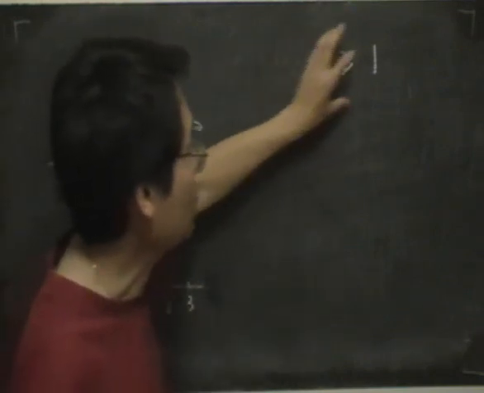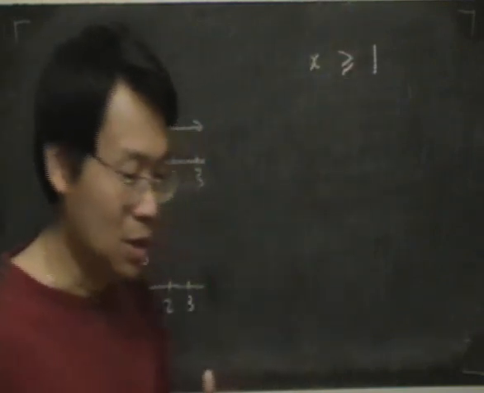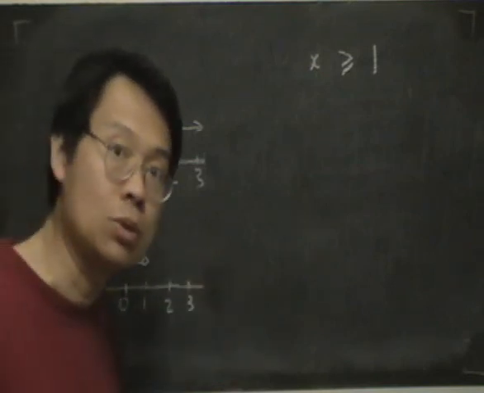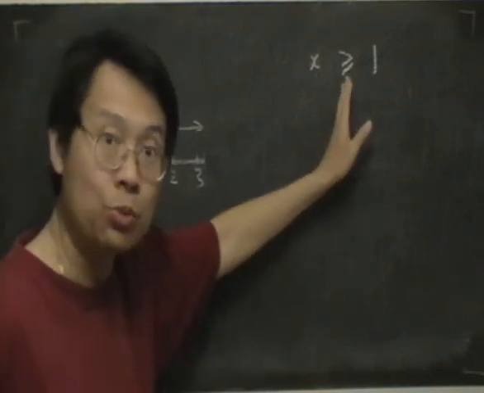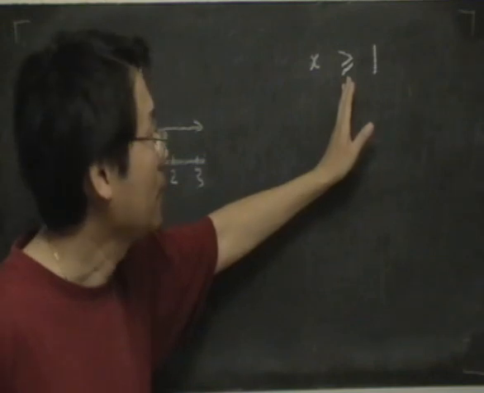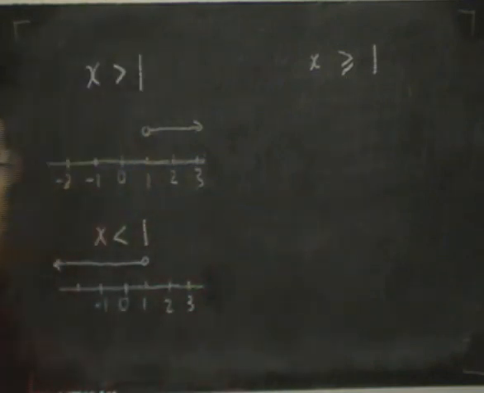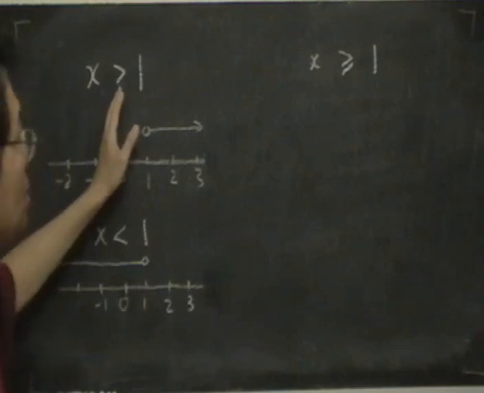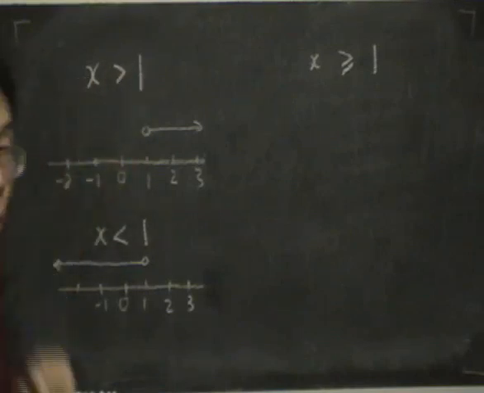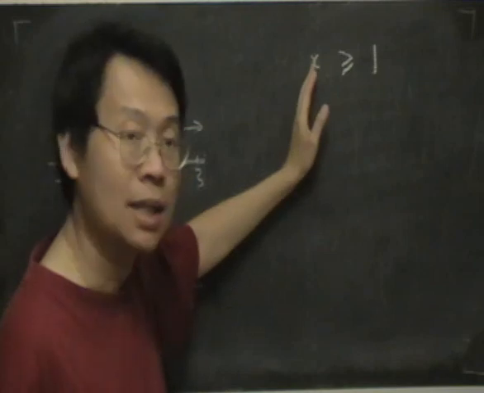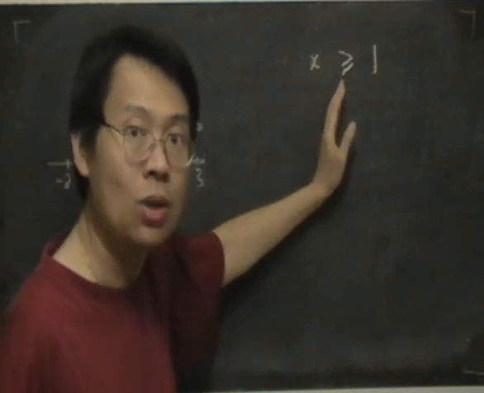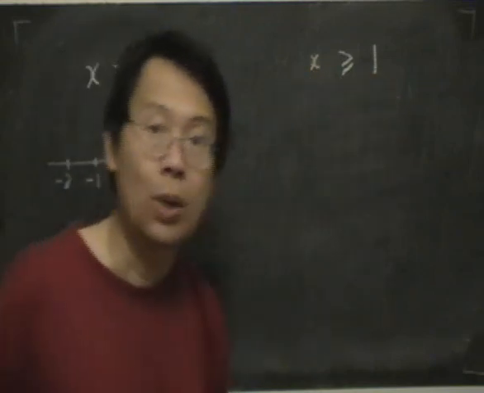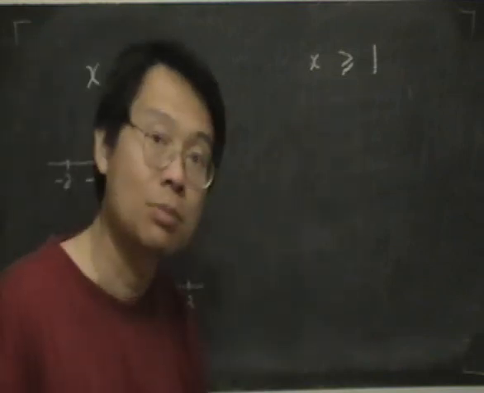So what this sign means is greater than or equal to. That's how we read this symbol: greater than or equal to. That one is just greater than. So here I say that x is greater than 1. There I say x is greater than or equal to 1. That's what that symbol means.